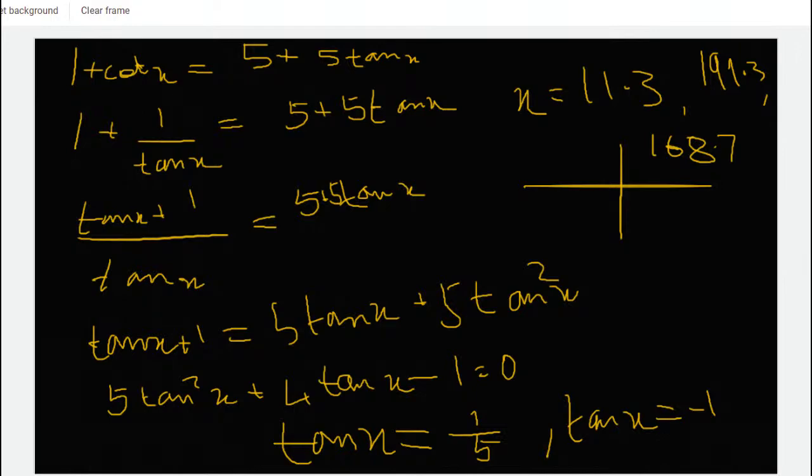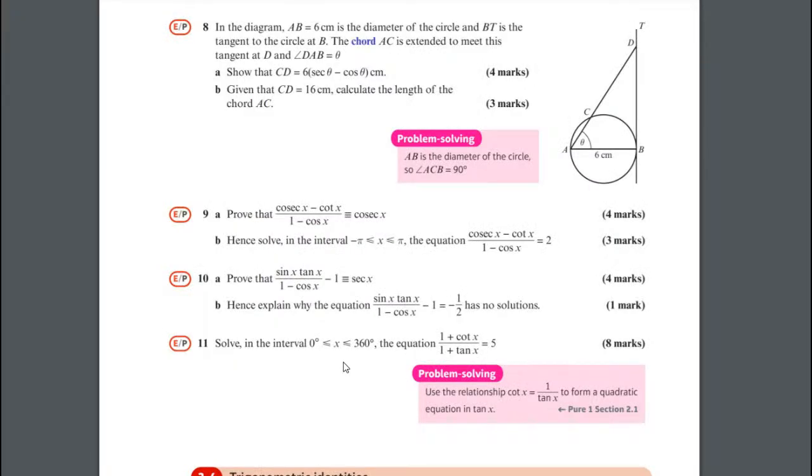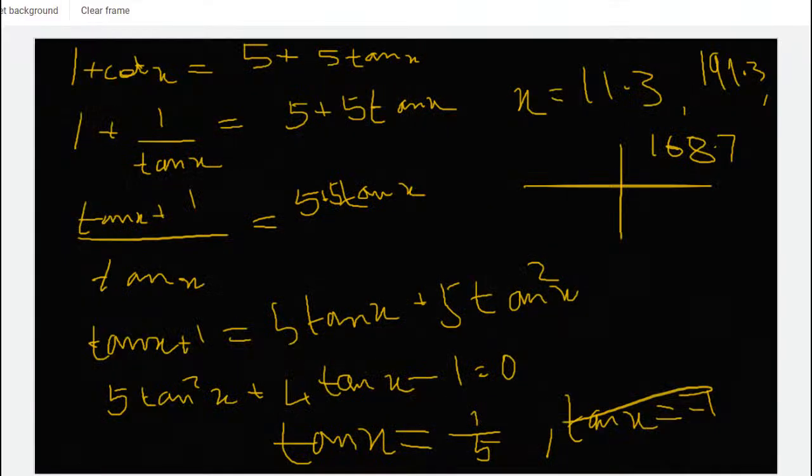We would ignore tan x is equal to minus 1 because we are looking for... okay.